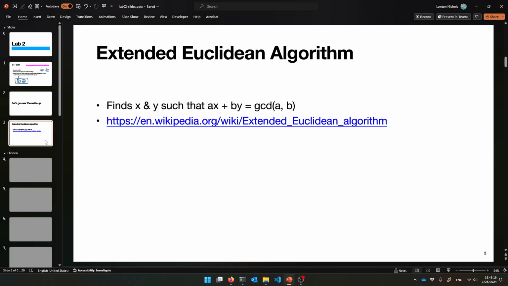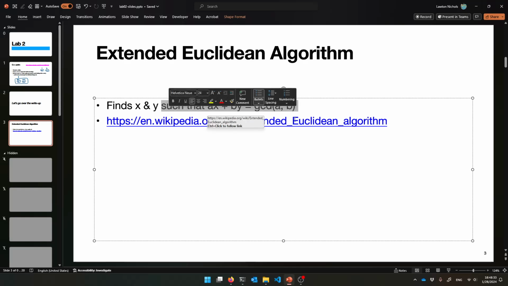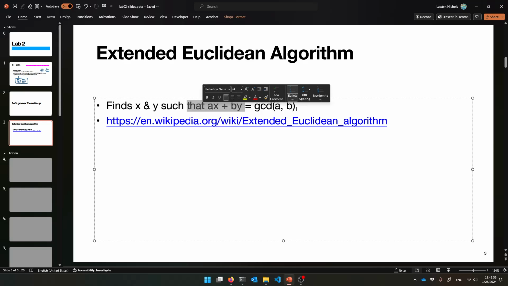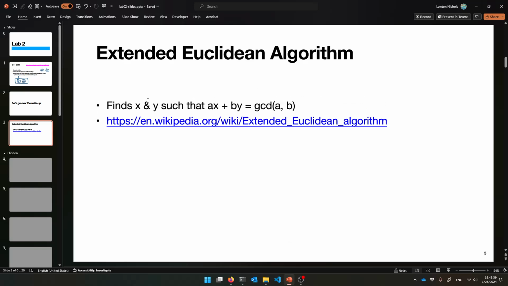I think I have a slide about that as well. So you're going to be doing the extended Euclidean algorithm, otherwise called the extended GCD algorithm. And so you've got to find the x and y such that a times x plus b times y is the GCD of a and b. That's the idea. So you just find those two things.